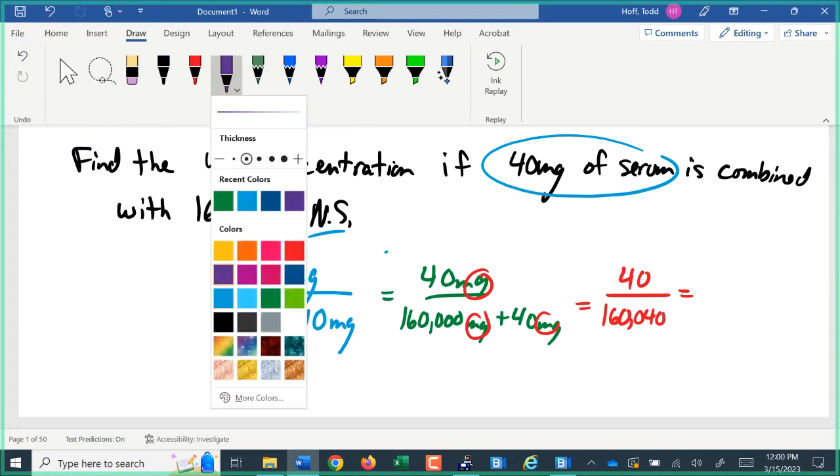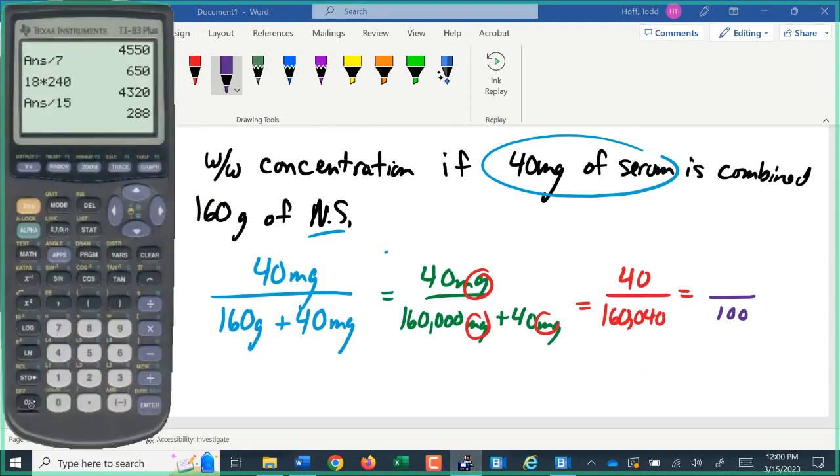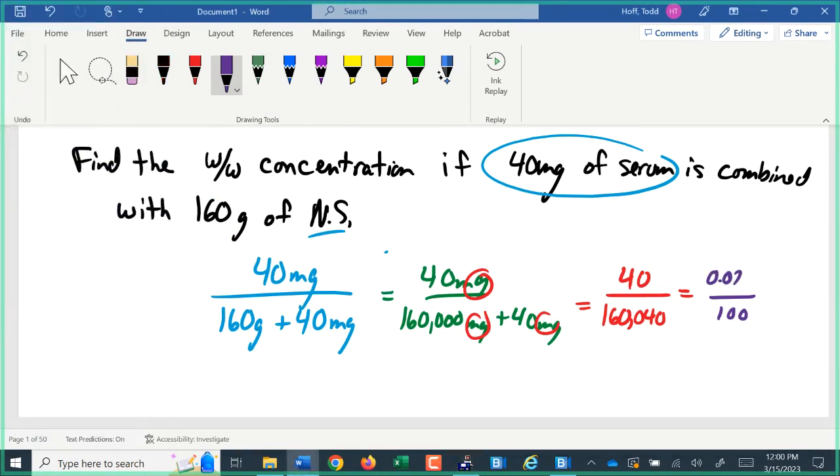And we can divide that out. Or we know the percent is going to be out of 100, so we can cross multiply and divide. So we'll do 40 times 100 divided by the 160,040. That gives us 0.025, basically, out of 100.